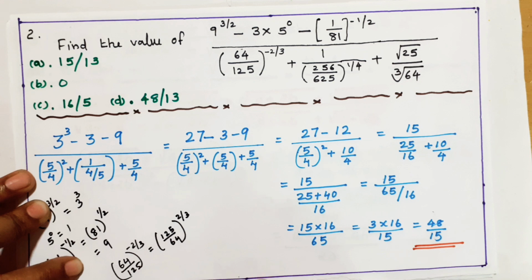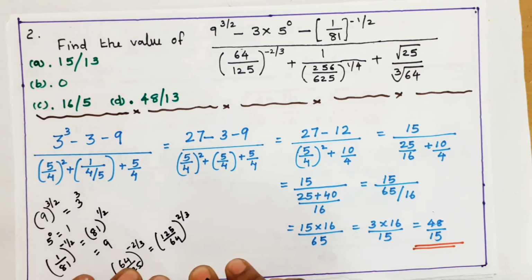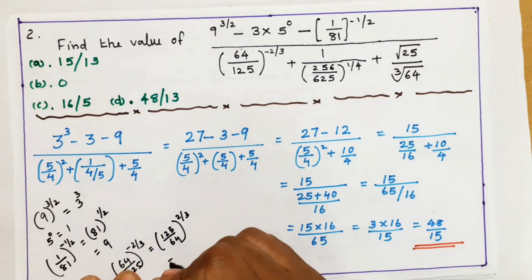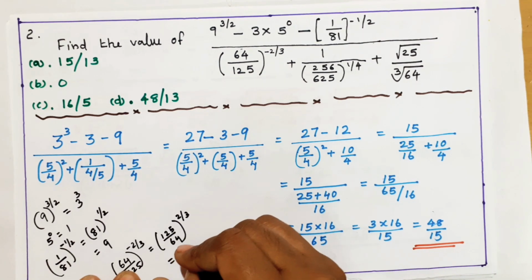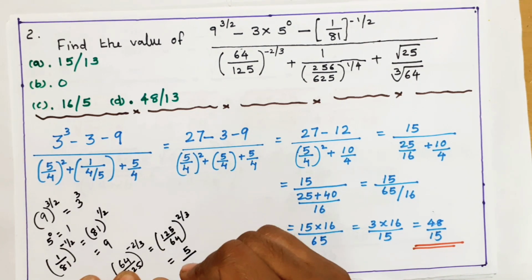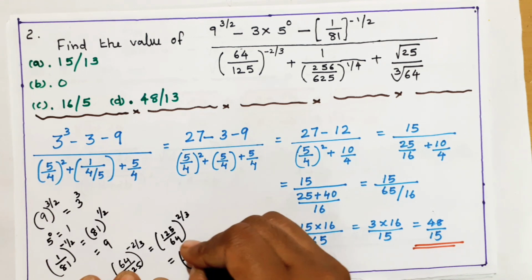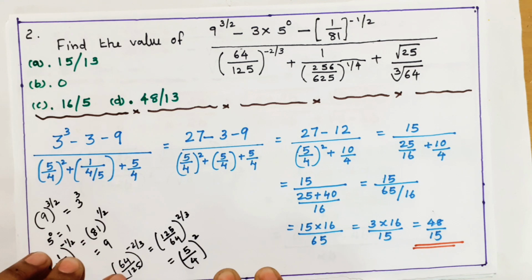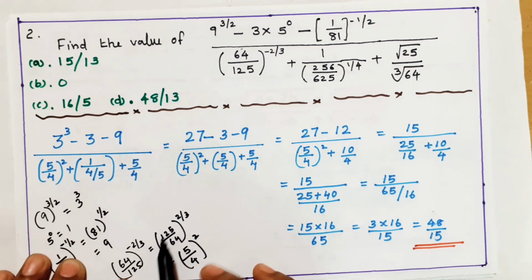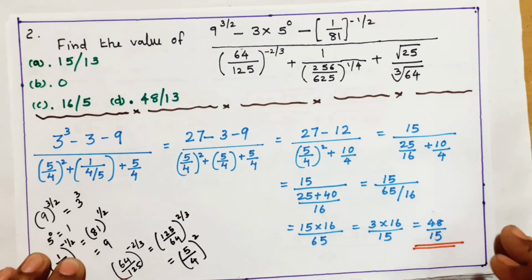If you do it like this, first you can take the cube root. The cube root of 125 is 5. The cube root of 64 is 4. The whole square. So what I did, you check it: 64 by 125 raised to minus 2 by 3, I can write as 125 by 64 raised to 2 by 3.